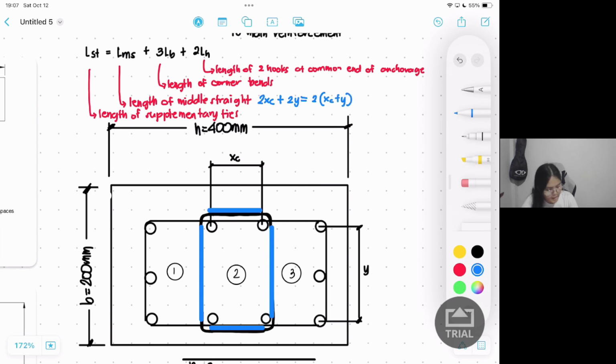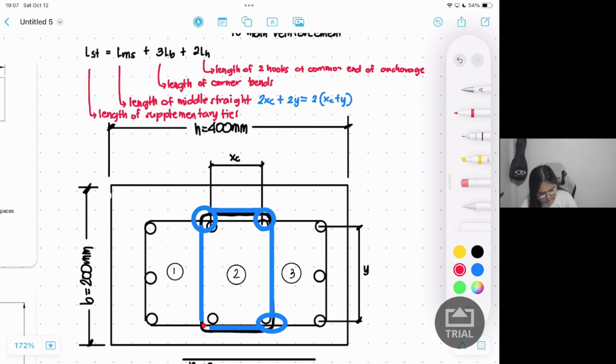Okay? And then, si LB naman, yan yung mga corner bends natin. Pero bakit tatlo lang? Kasi, ito siya, 1, 2, 3. Okay? Tatlo lang siya kasi yung LH, yung other corner natin, meron siyang ganito.